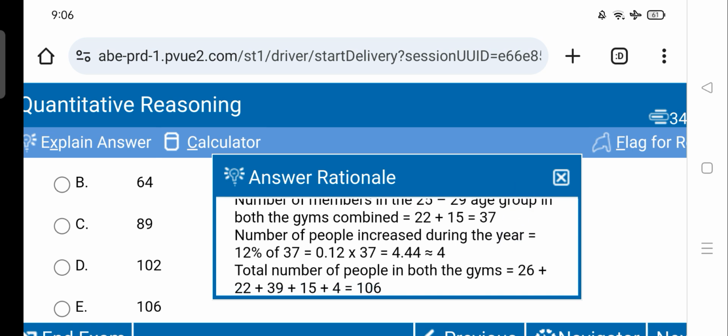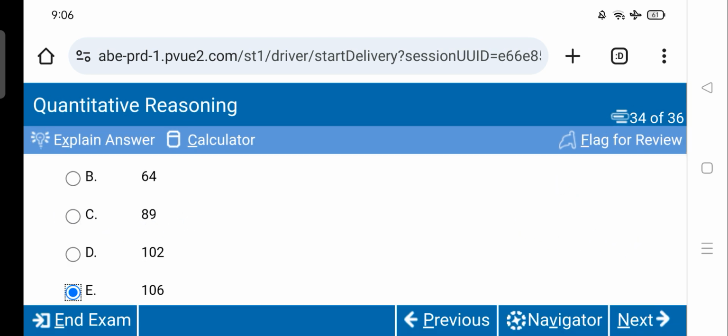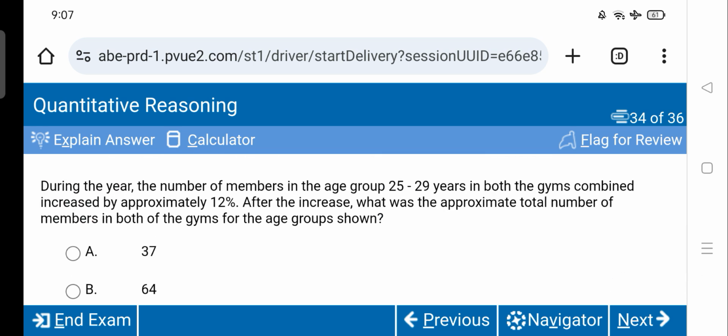Total number of people in both the gyms: 26 plus 22 plus 39 plus 15 plus 4 equals 106. So that's how we have the correct option, option E, which is 106, the total number of members in both of the gyms for the age groups shown.